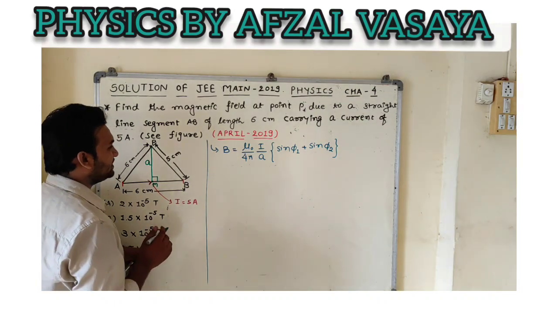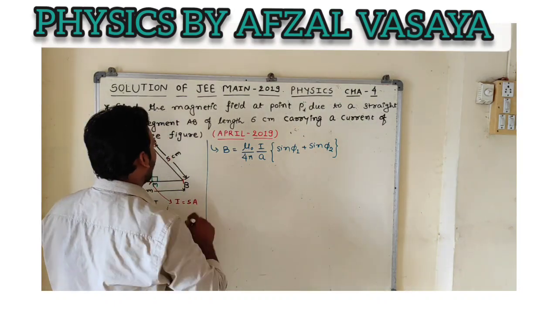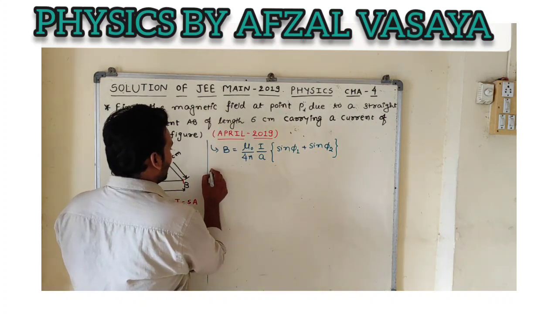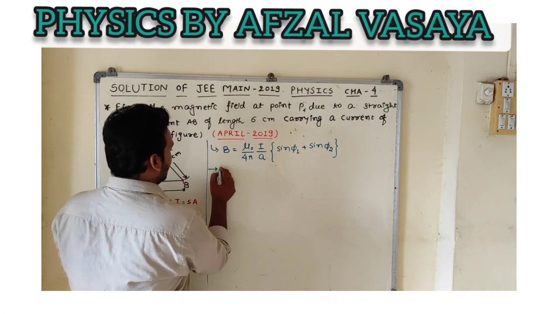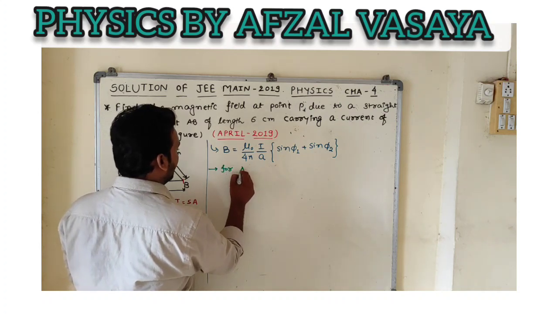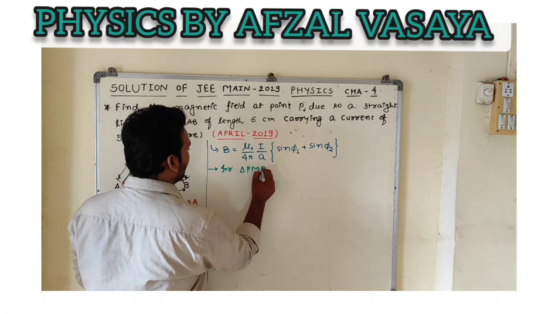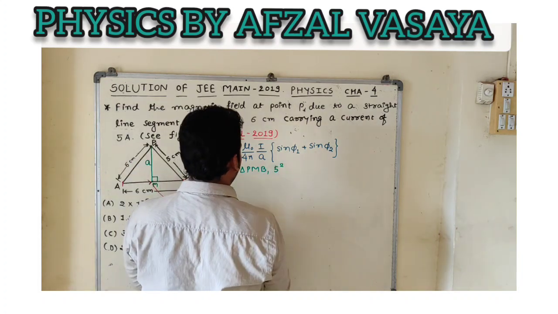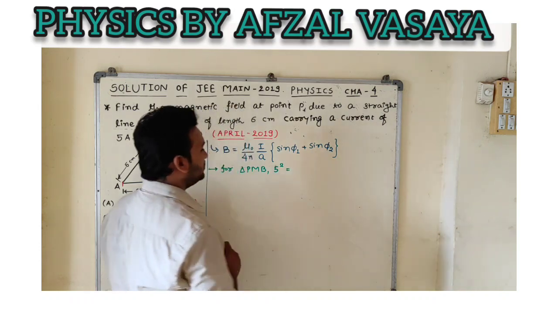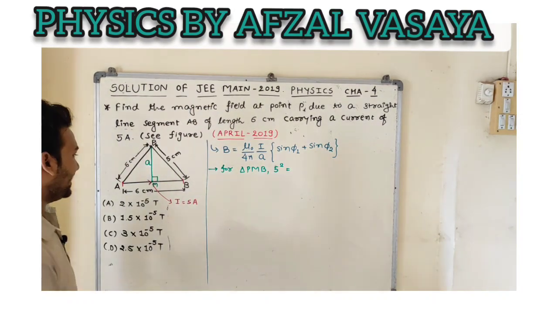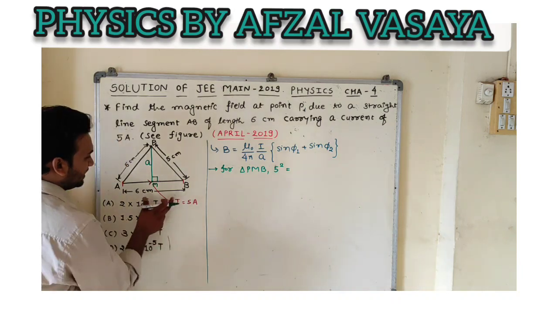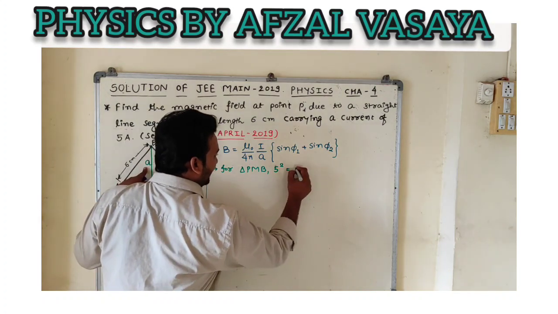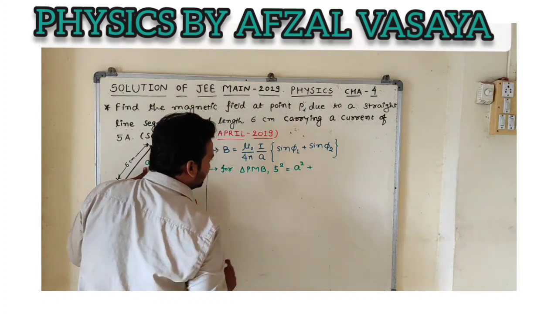According to the Pythagoras theorem, the square of the hypotenuse, which here is 5 cm, that is PB, equals the sum of the squares of the remaining sides, MB and PM, which is A. So 5 square equals A square plus MB square.